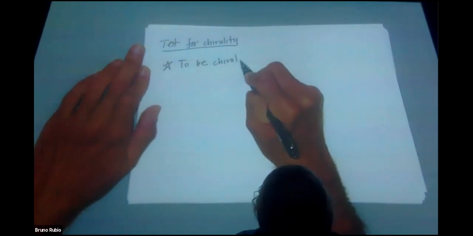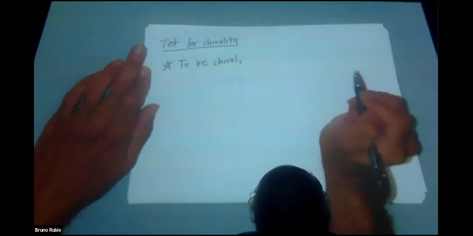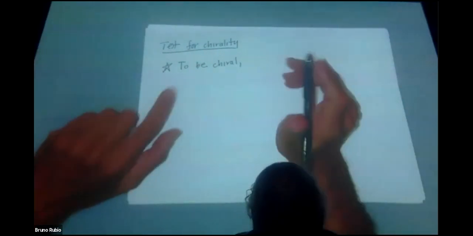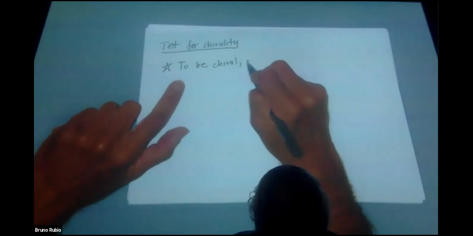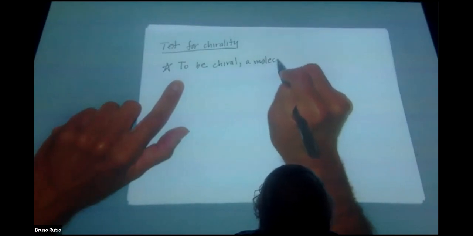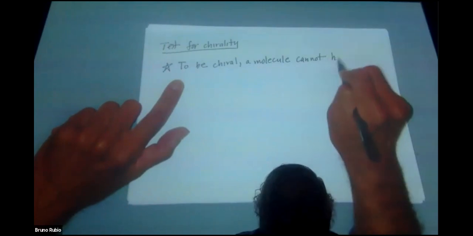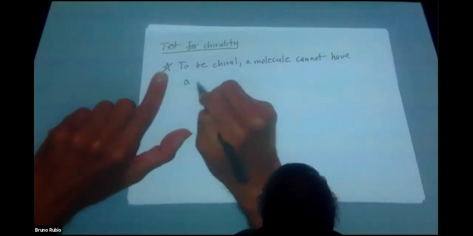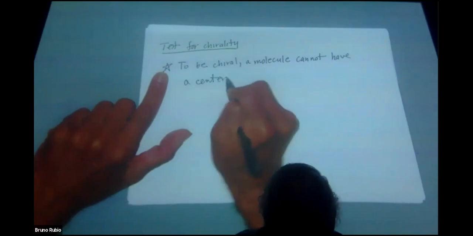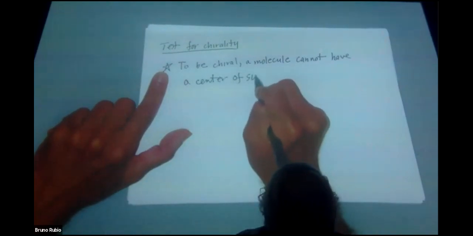To be chiral, a molecule, an object, it doesn't have to be a molecule, it can be a cup, it can be your body, it can be whatever, cannot have a center of symmetry.